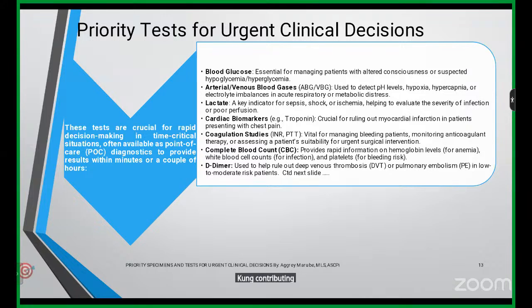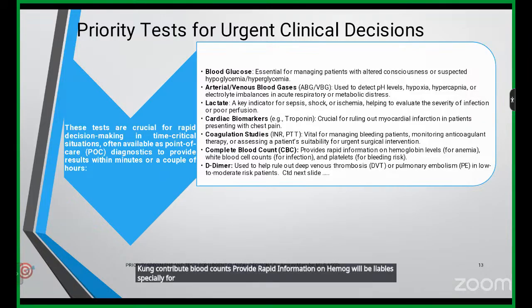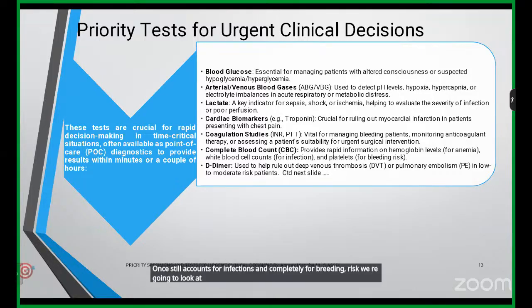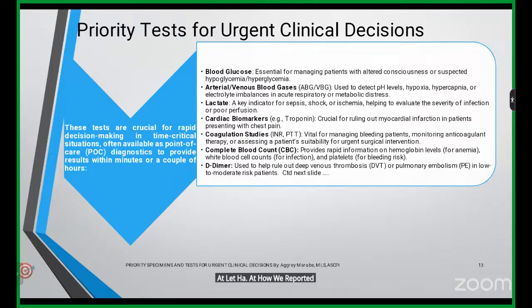Complete blood count provides rapid information on hemoglobin levels, especially for anemia, white cell count for infections, and platelets for bleeding risks. We are going to look later at how we report those critical values and the critical test results that we are going to obtain in such tests.